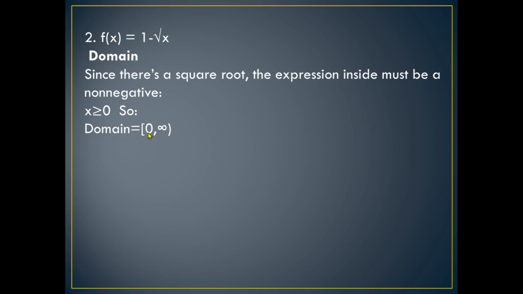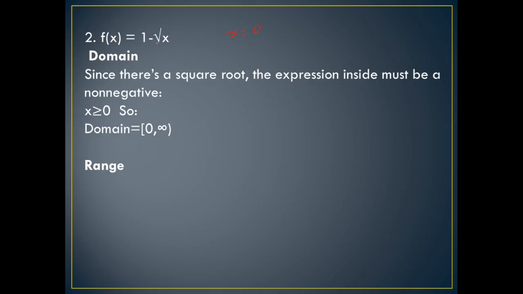So the domain is 0 to infinity, including 0, so we put a square bracket at the 0. When x is 0, f of x equal to 1. The minimum value of x is 0.